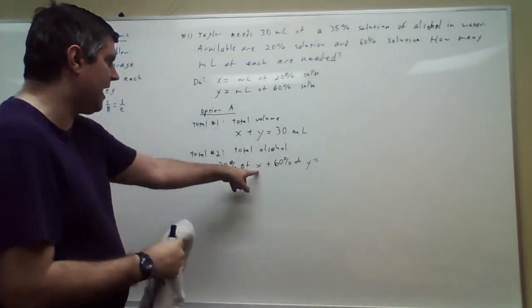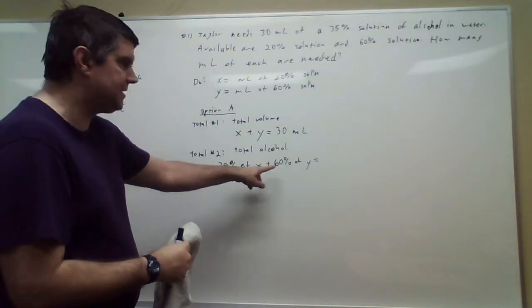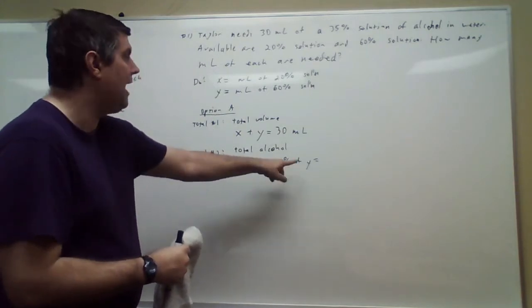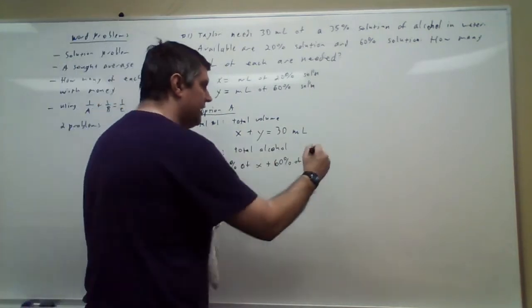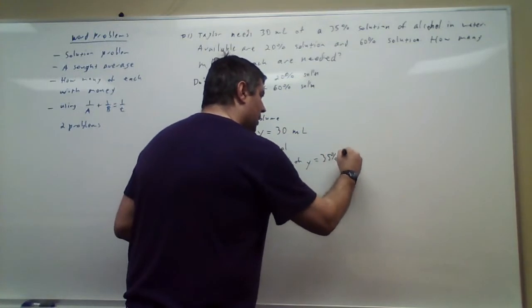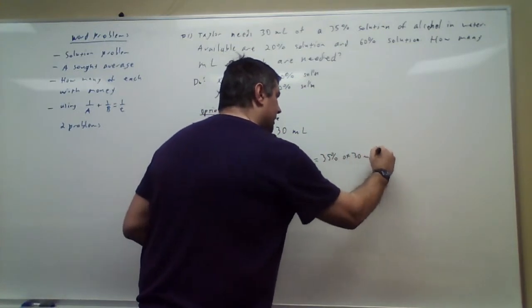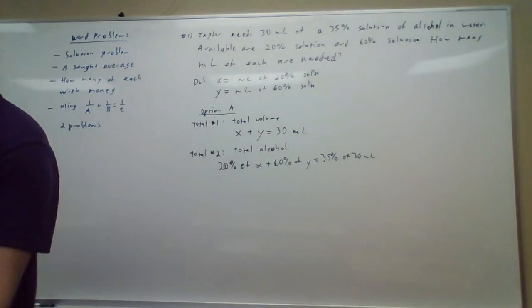I'm sorry, not 60% of X. So 20% of X plus 60% of Y is going to be alcohol. And on the other side, you're going to have 35% of 30 milliliters. Okay?